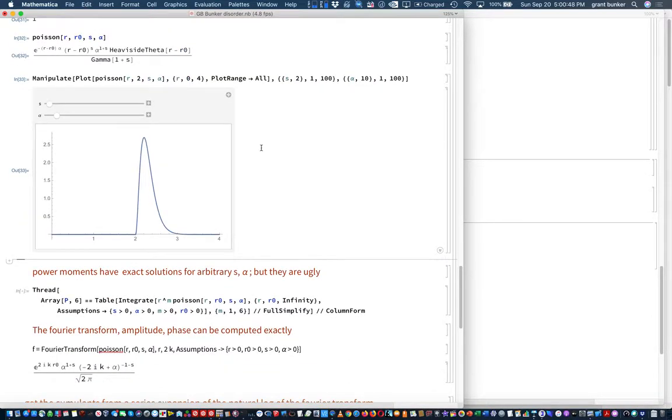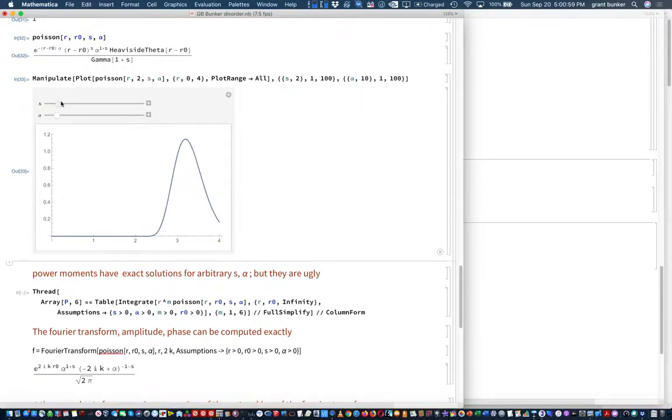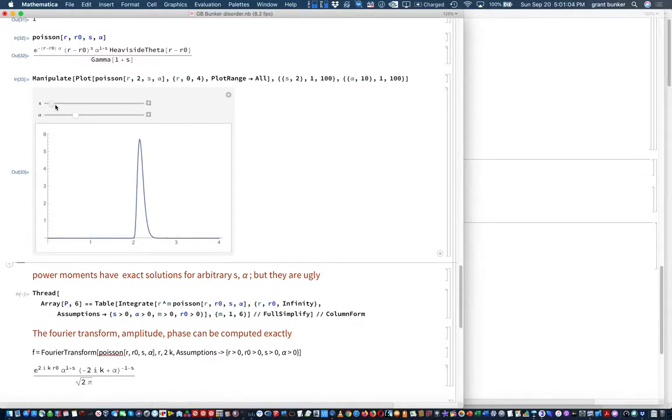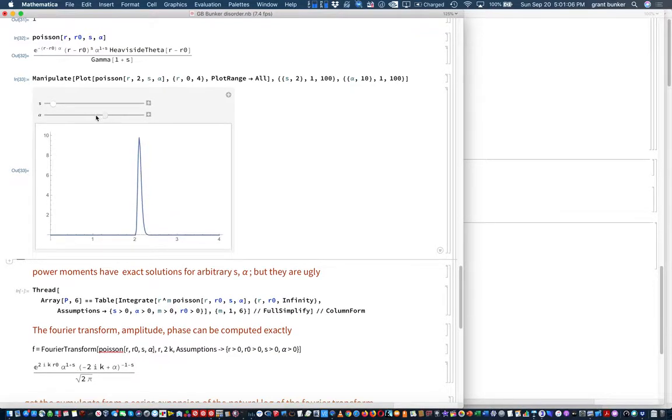And here's a picture, our graph. As you vary this s, that's the exponent and the prefactor, you can see it gets wider, but it also shifts out. And alpha is a width parameter, okay.